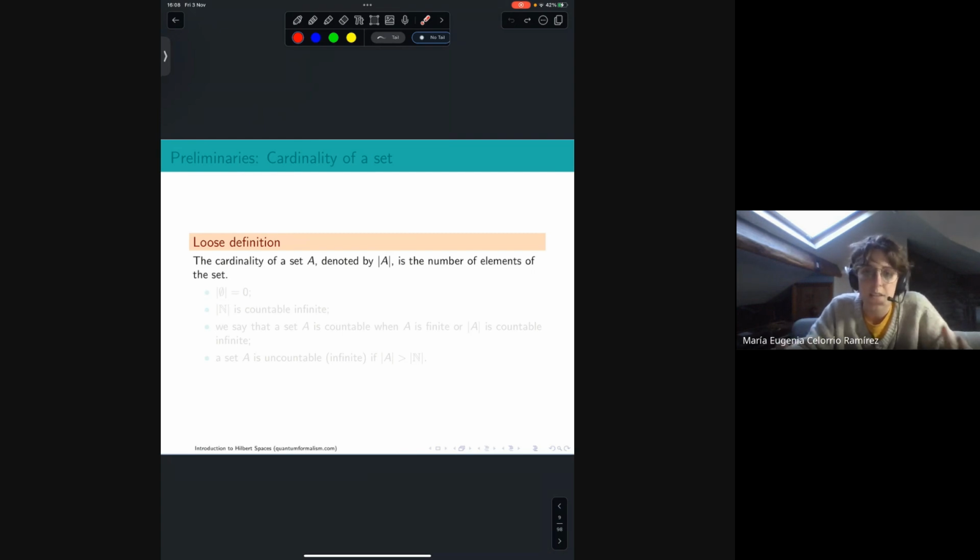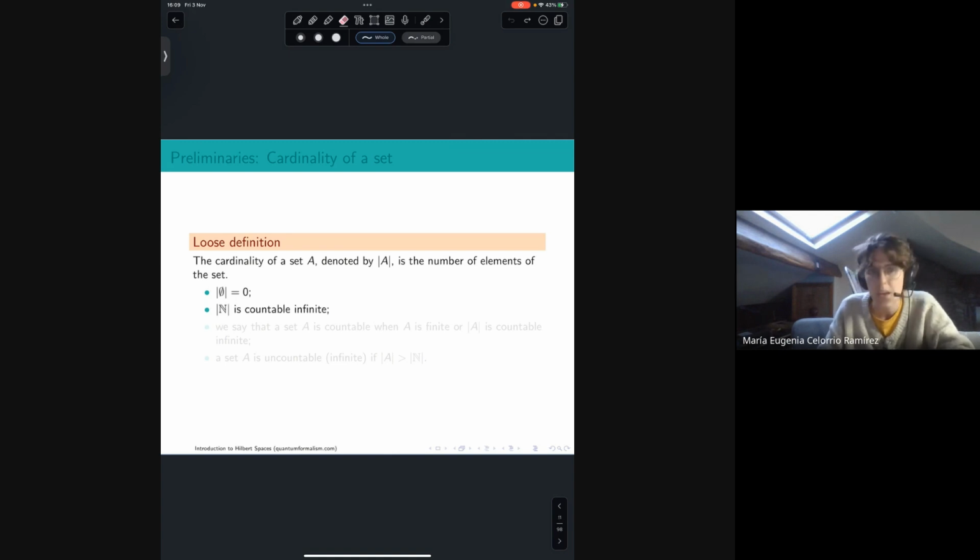Two sets have the same cardinality if they have the same number of elements. And if we're worrying about cardinality, it doesn't really matter what kind of elements we have. A convention worth noting is that the empty set has cardinality 0. There are 0 elements in the empty set.